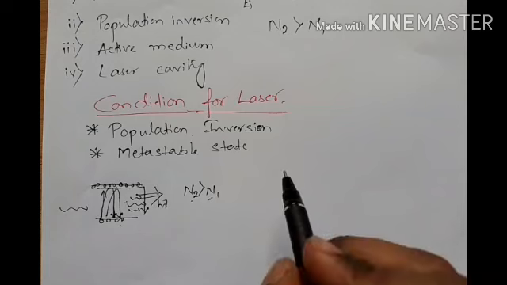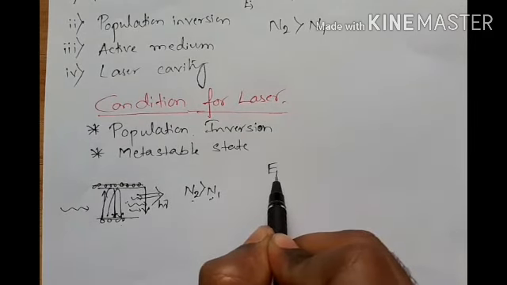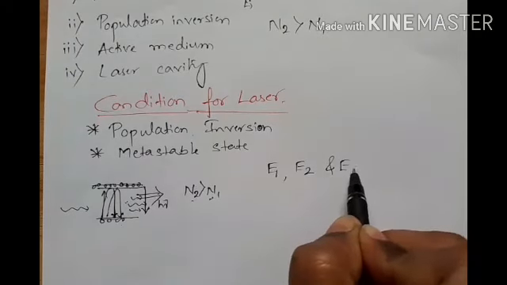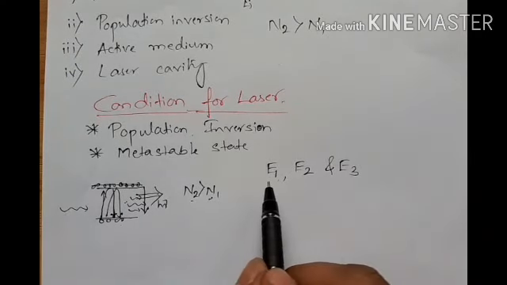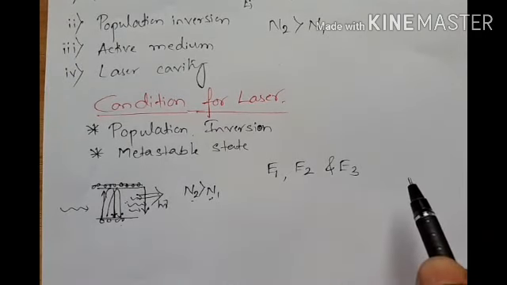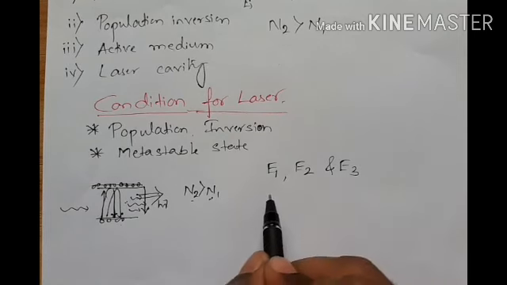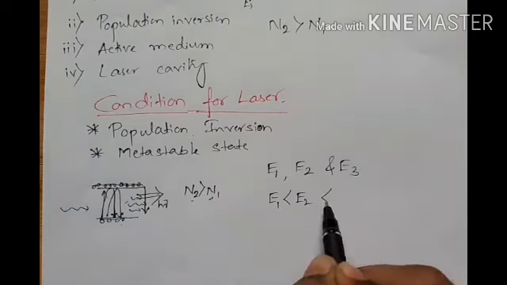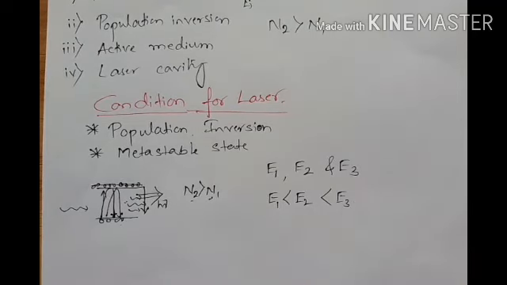Let us consider the E1 state, E2 state and E3 state. There are three states I am considering, where E1 is smaller than E2, and E2 is smaller than E3.